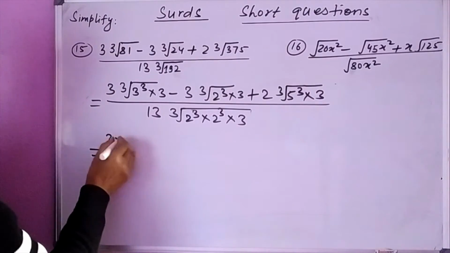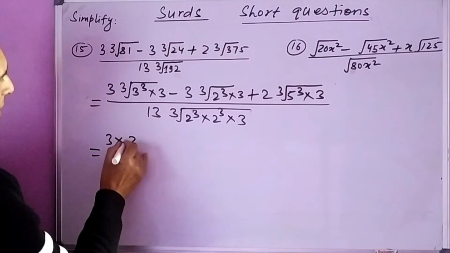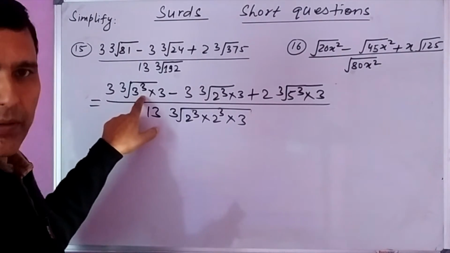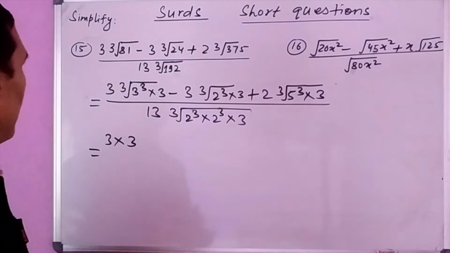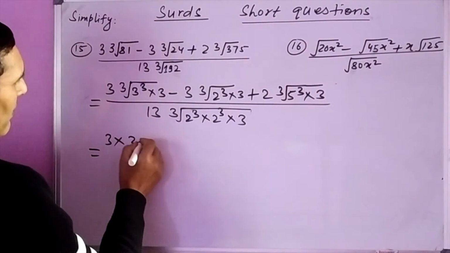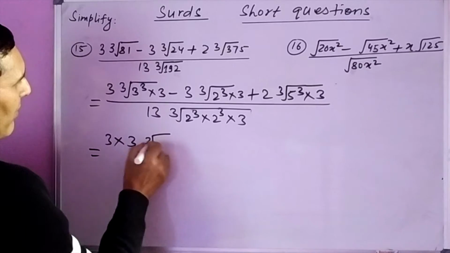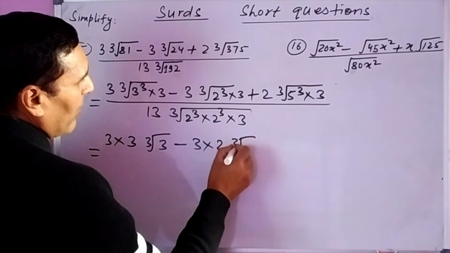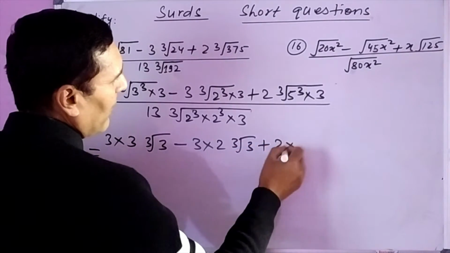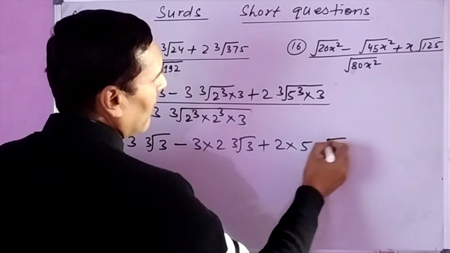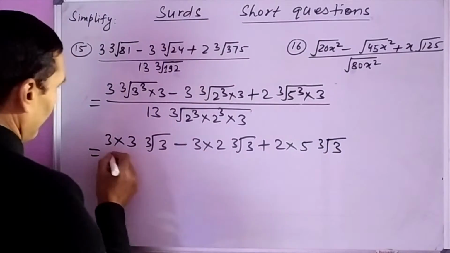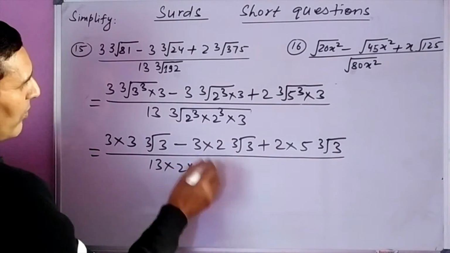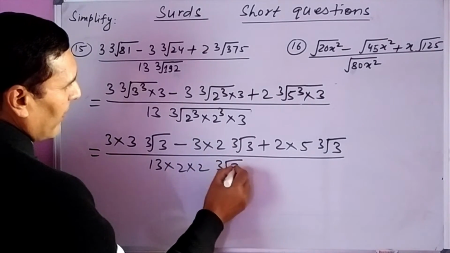Now this 3 comes out when the order is equal to the power of the factor. This factor comes out. 3 comes out. What remains there? Cube root of 3. 3 into 3 comes out here, cube root of 3, 2 comes out, 2 into 5 comes out, cube root of 3, upon 13, both 2s come out, and it is cube root of 3.